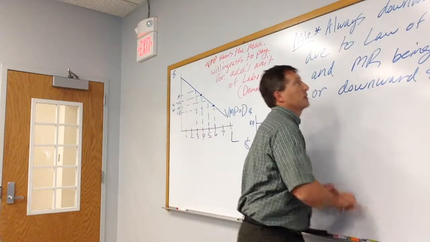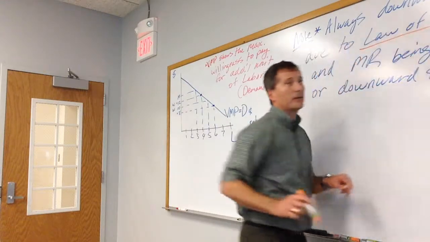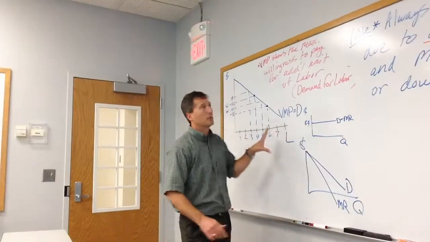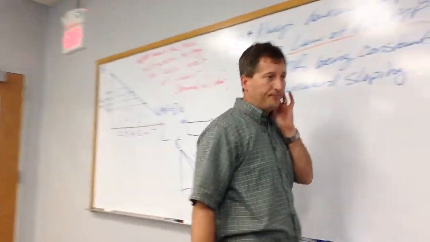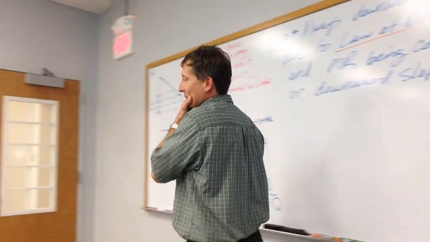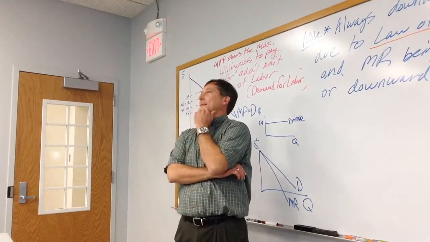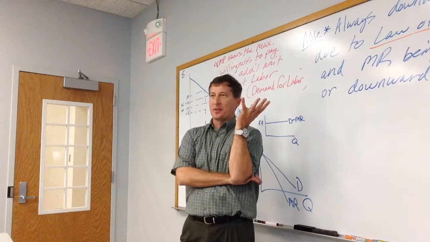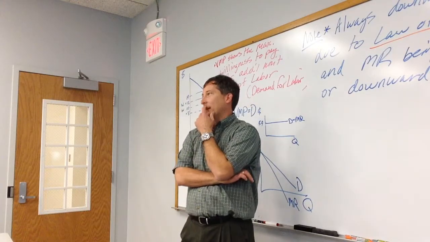So the law of diminishing marginal product is really the key factor there that makes that curve downward sloping. Oftentimes students are naive to that very simple concept, what we just did.